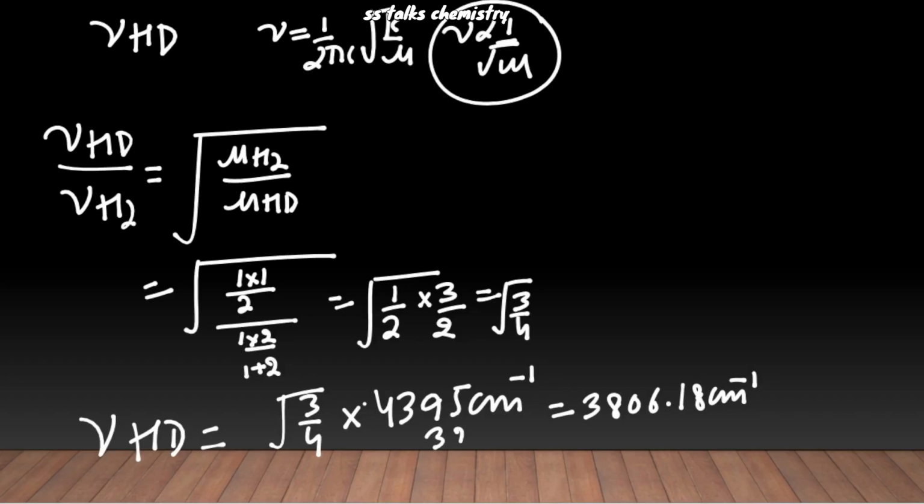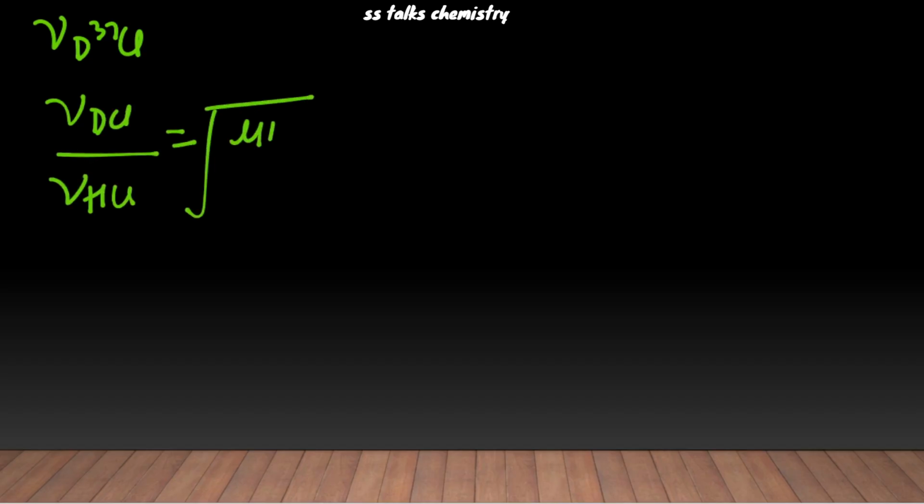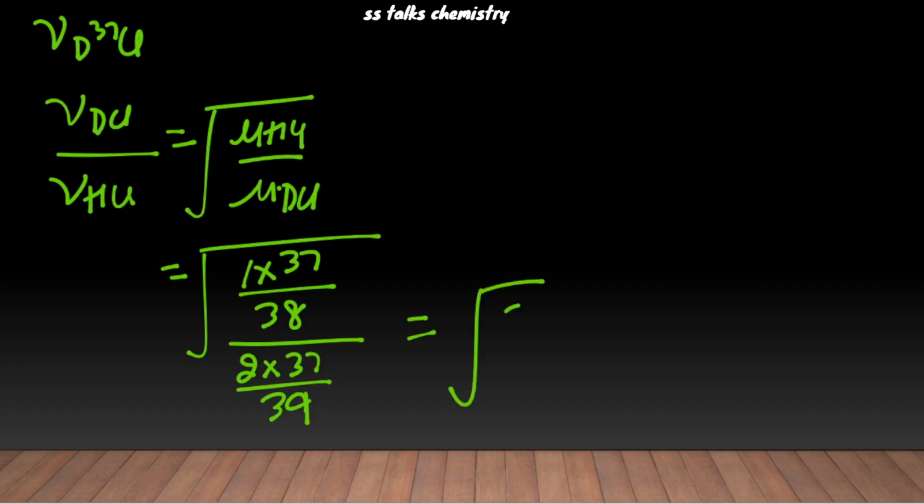Now for the D37Cl, nu for DCl upon nu for HCl will be the reduced mass for the HCl upon the reduced mass for the DCl. It is going to be 1 into 37 upon 38, which is the sum of both of these, upon 2 into 37, and here it will be 39, right? So it becomes root of 37 by 38 into 39 upon 37 into 2.